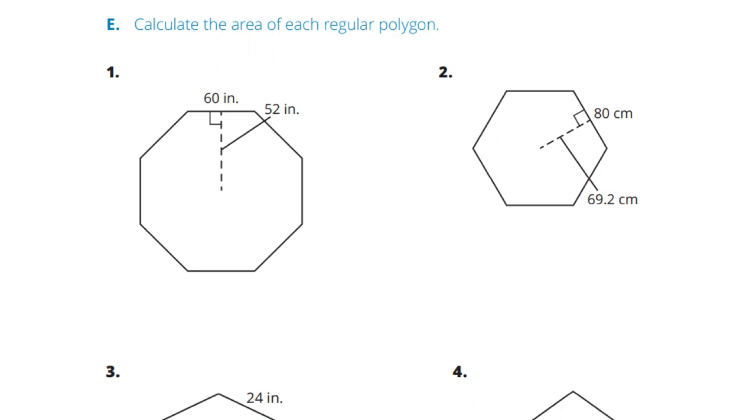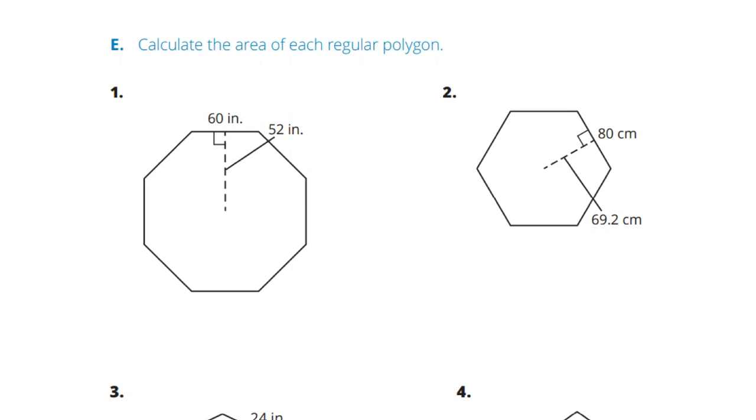Calculate the area of each regular polygon. So anytime you have a polygon, there is a formula for this. The area is going to be 1/2 times a times P. The a is the apothem, and the P is going to be your perimeter.